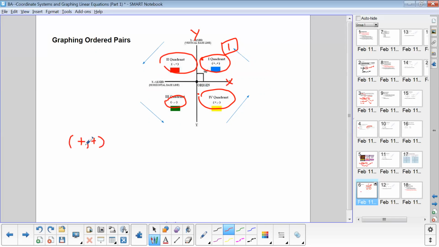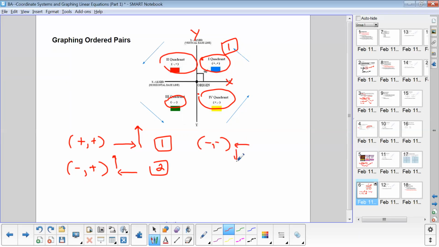Positive, positive. That just means you're going to go right and up to put you in quadrant 1. If you wanted to go left and up, so left and up would put you in quadrant 2. If you needed to go left and down, then that would put you in quadrant 3.